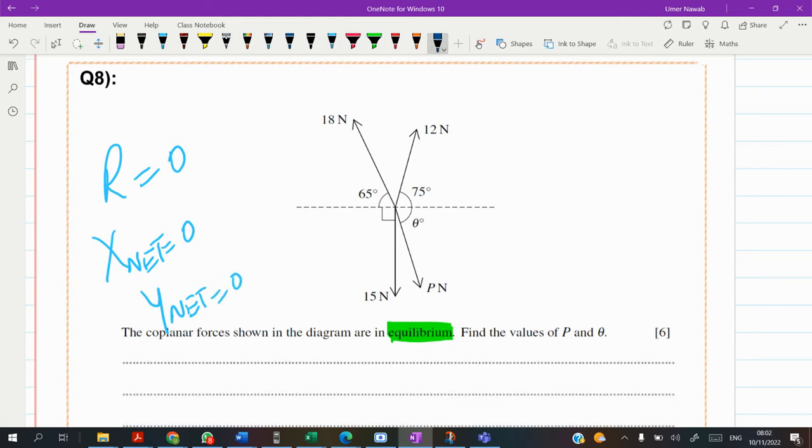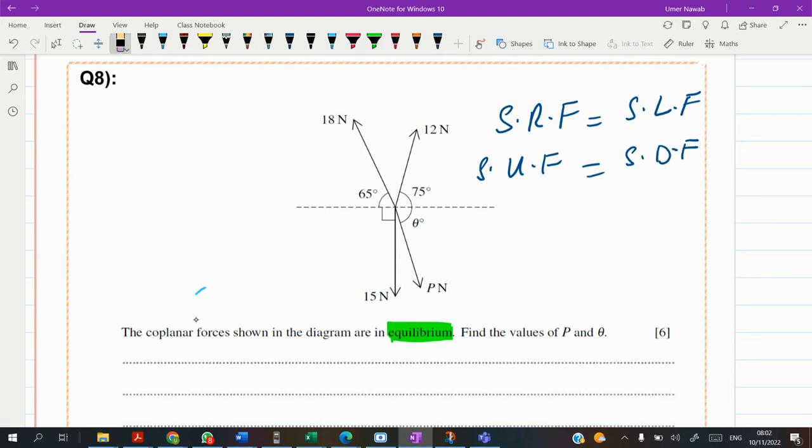If x net is 0, it means the sum of all the right hand forces should be equal to the sum of the left hand forces. The sum of upward forces should be equal to the sum of downward forces. So in the case of equilibrium, we will use these equations instead of finding x net.